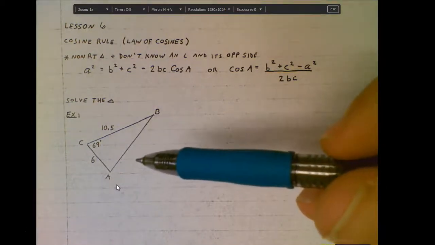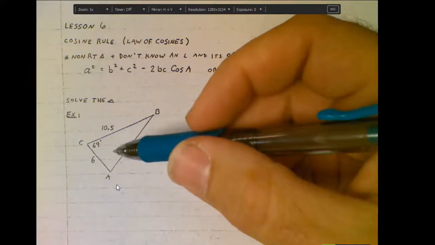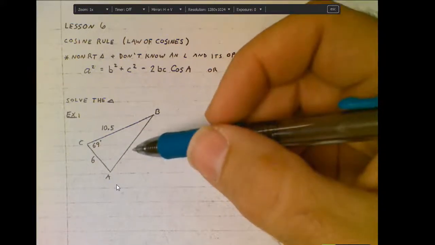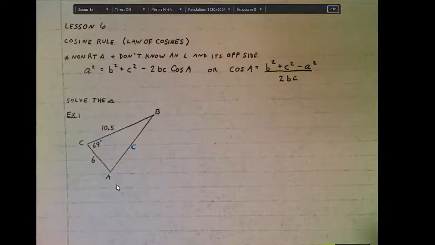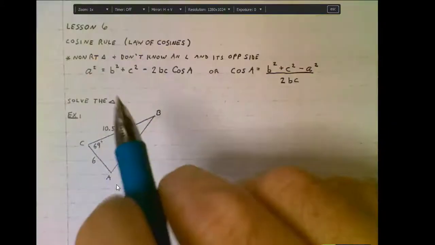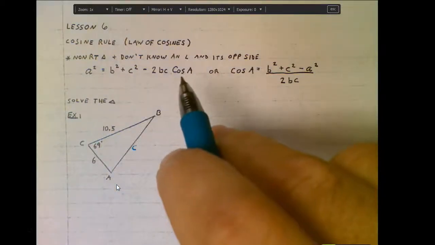In this problem, because I know this angle, I would probably most want to find the side across from it first. So that's angle C, so let's just call this side C. We're going to find side C first. Because I'm finding a side length, I'm going to go with that scenario right here.